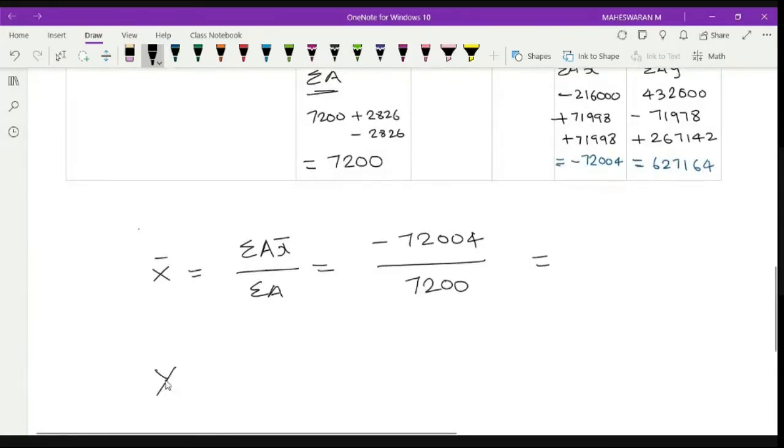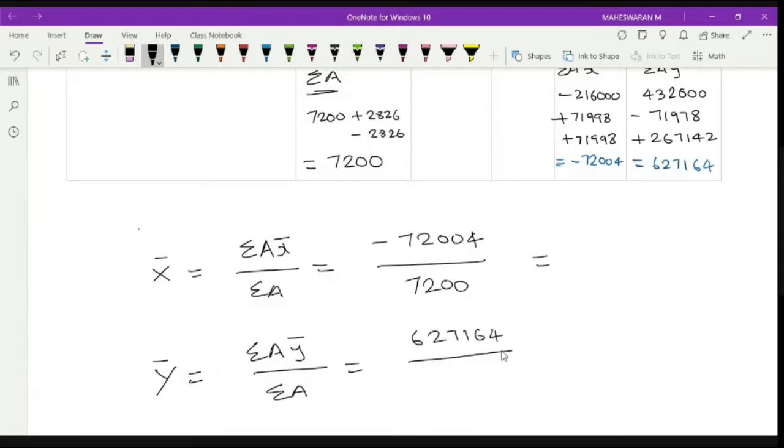Similarly, capital Y bar is sigma A into small y bar divided by sigma A, equal to 627164 divided by 7200. Right? What is your capital X bar and what is your capital Y bar? X bar is minus 10, sir. So X bar is minus 10.